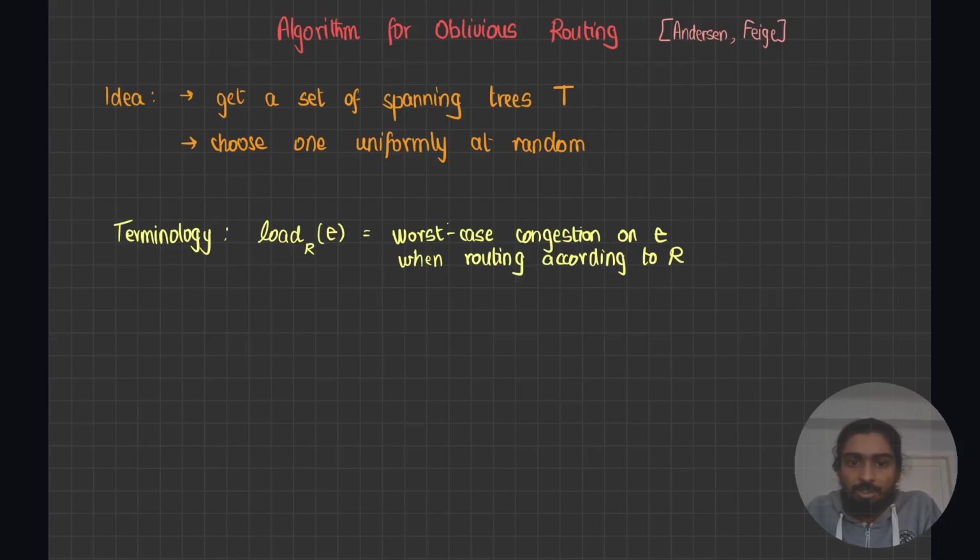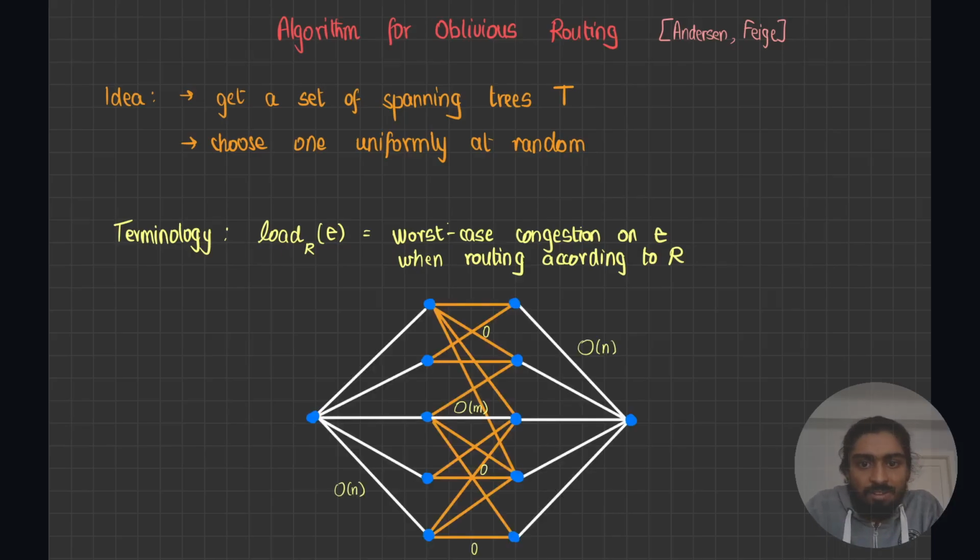This load on an edge is just a number which says what is the congestion on edge E when I route this worst case demand using the routing R. So this is essentially saying how bad is the routing R for an edge E. To have an example, if we go back to the spanning tree routing, then all of the orange edges have load 0 because there is nothing being routed across this edge by the spanning tree. And the middle edge has load linear in M, right?